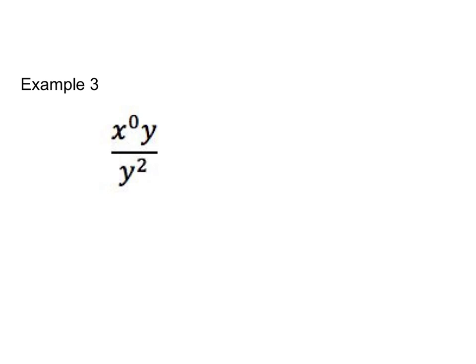Here's example number 3. Go ahead and write this down, answer the question, and then come back to me. So again, anything raised to the 0 power is 1. So now I have y divided by y squared. On the bottom, I have 2 y's because we're going to simplify this as small as possible. I do have a y on the top and a y on the bottom.